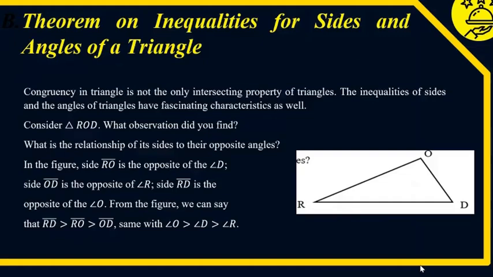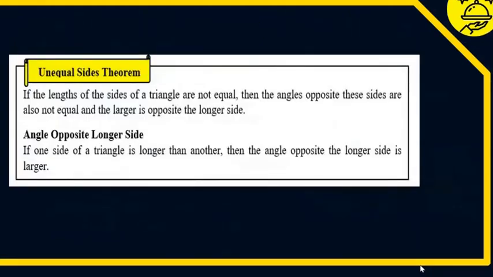From the figure, we can say that segment RD is greater than segment RO, and RO is greater than segment OD. Same with angle O is greater than angle D, and angle D is greater than angle R. So we have the unequal side theorem.